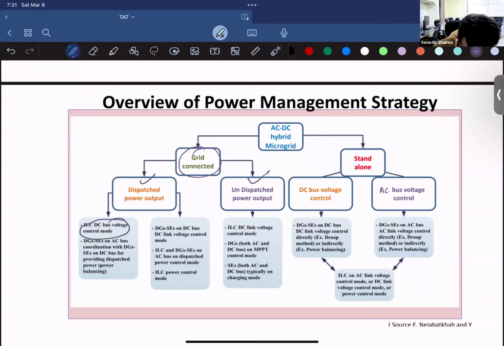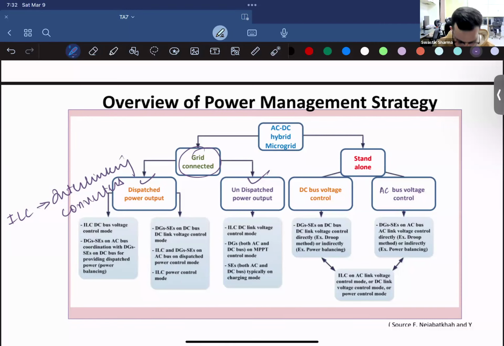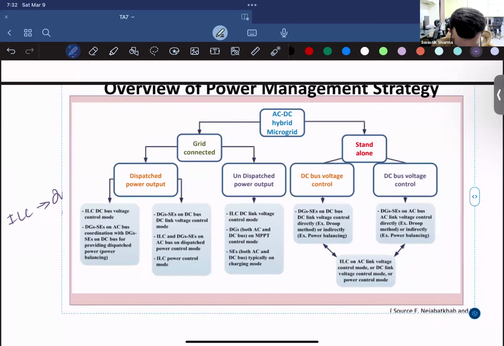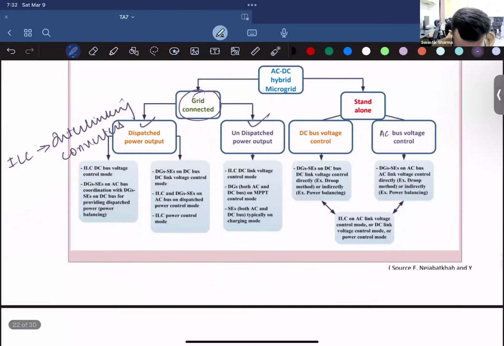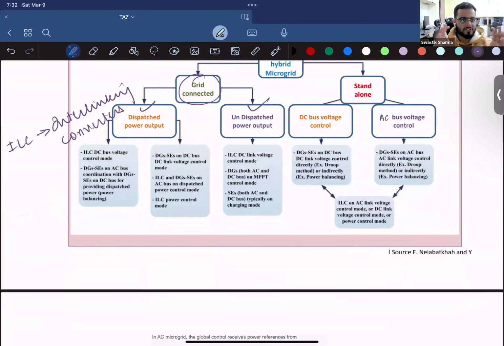You have a bus voltage control mode, in which your individual interlinking converters, ILCs, which are between the DC bus and AC bus, work in bus voltage current control mode, because your bus voltage needs to be regulated. So ILC does that for you. And your DGs and SEs on the AC bus coordinate with your DGs and SEs on your DC bus for providing dispatched power output. SEs are your storage elements.